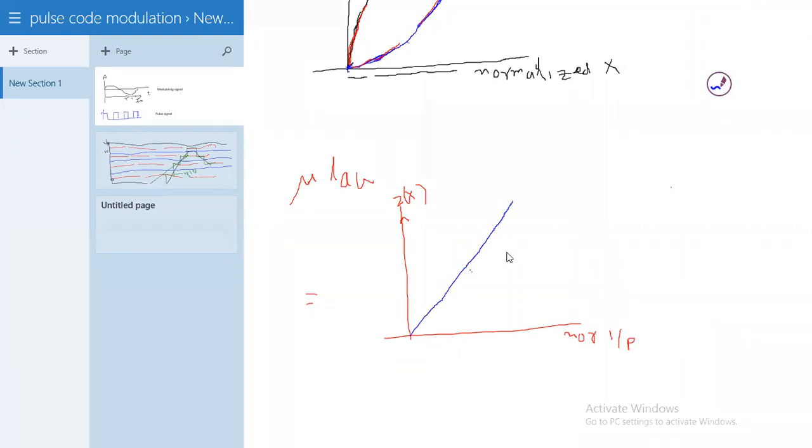That is uniform quantization that takes place. Mu is equal to 0.